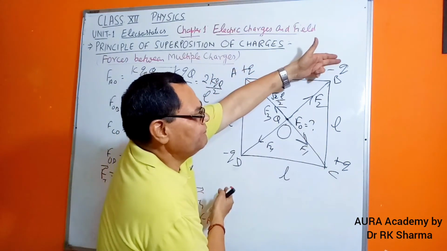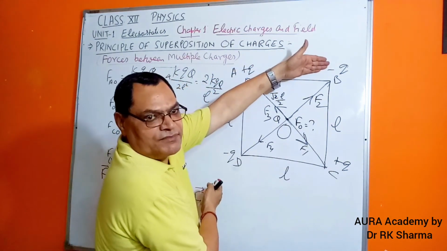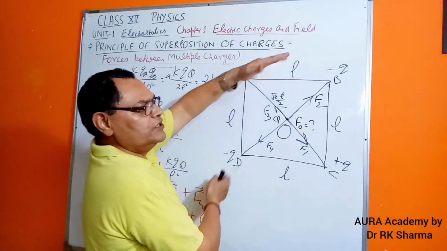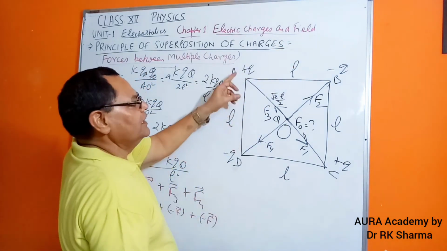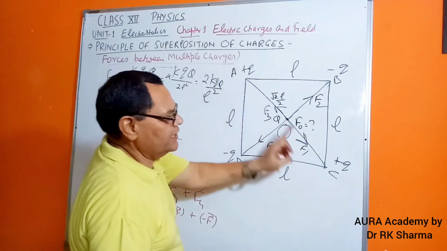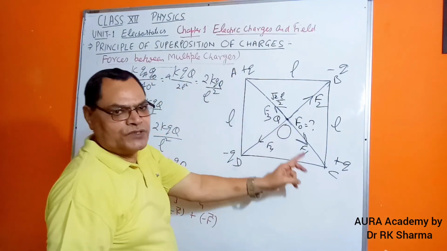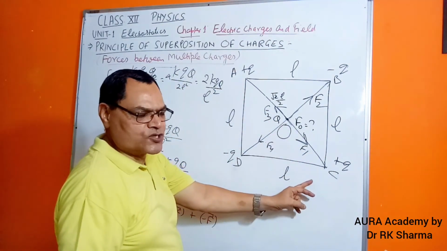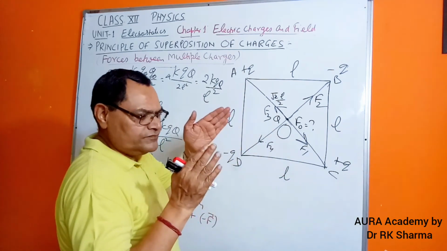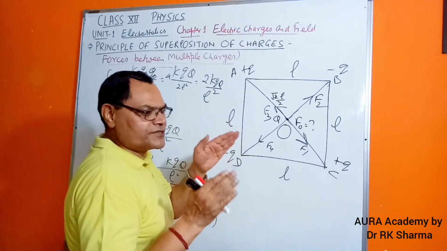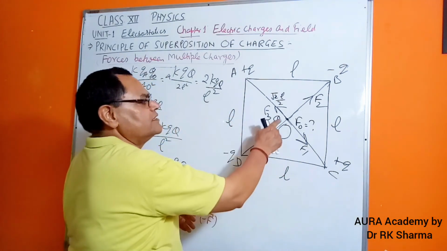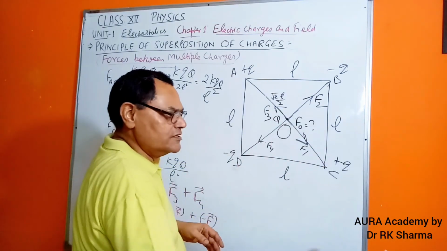Similarly here the magnitude is same, sign is same, that is minus, minus, okay? So if this is the condition, meaning if the charges at diagonally opposite vertices of a square are equal and of similar nature, then the resultant will automatically be 0.